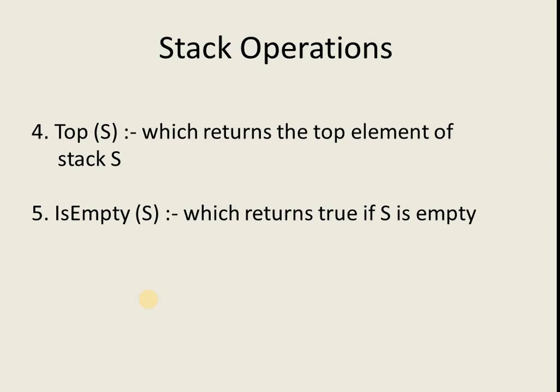If stack is empty, it will return true, else the function will return false. That is, it will return Boolean value 1 or 0. There is one more function which is used as a stack operation, but that function is only used when we implement stack using array.